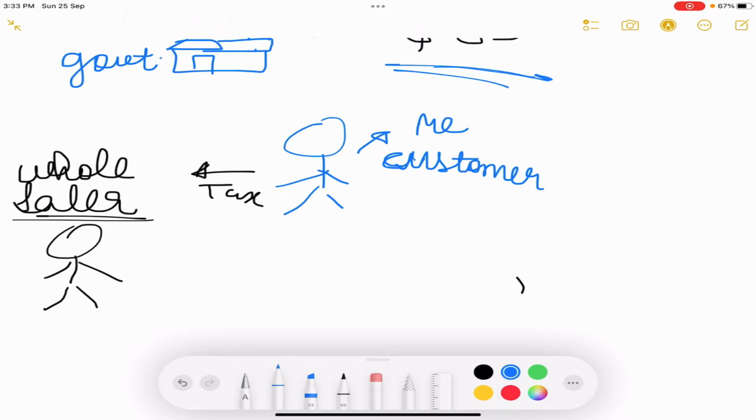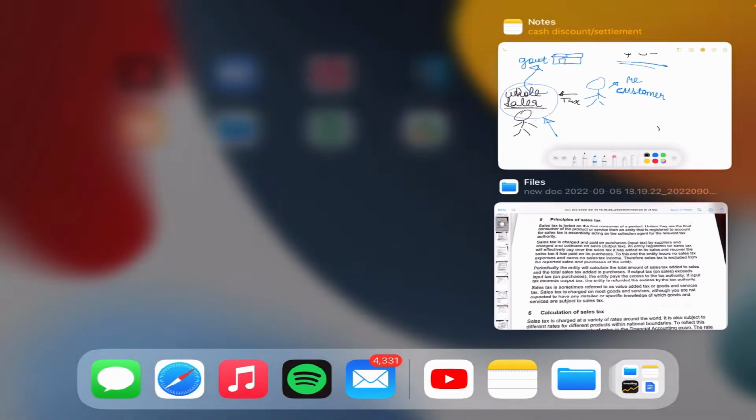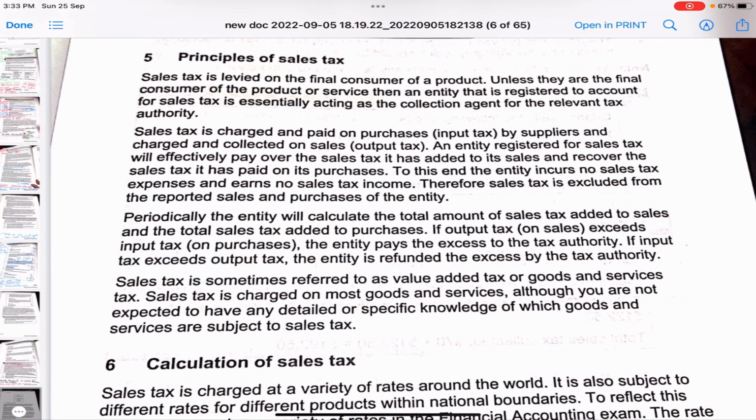This person will give the tax to the government. So I am paying the tax, and this person will keep a little bit for himself. He will keep his revenue with himself and pay the rest of the entire tax to the government. So he collects the tax from us consumers on behalf of the government. Clear? Any doubt? Now let's read.